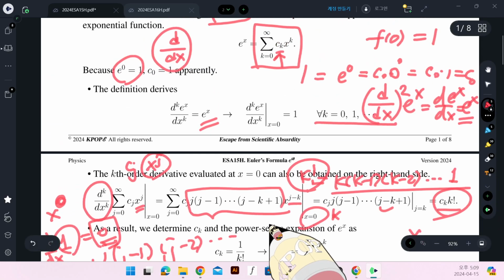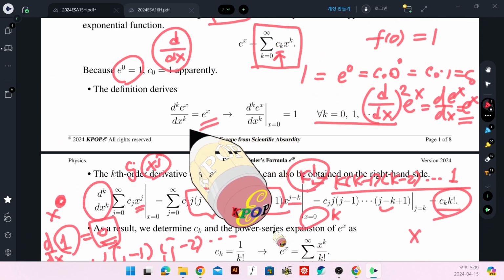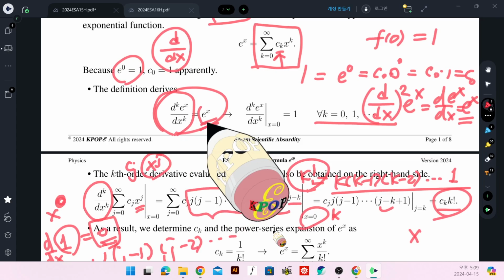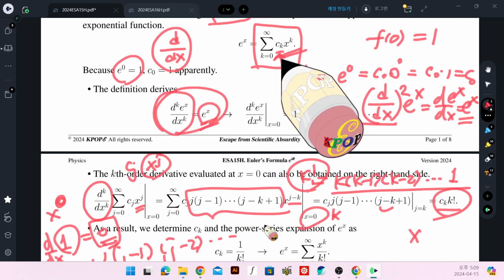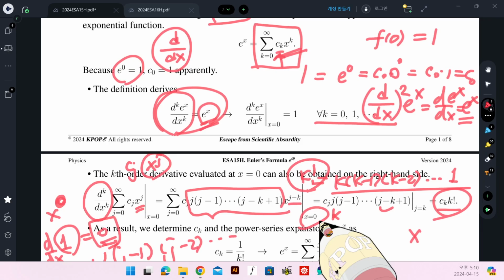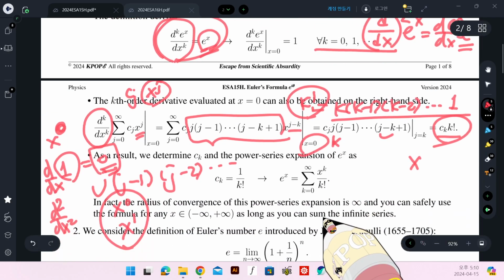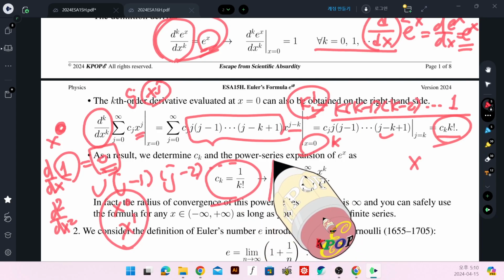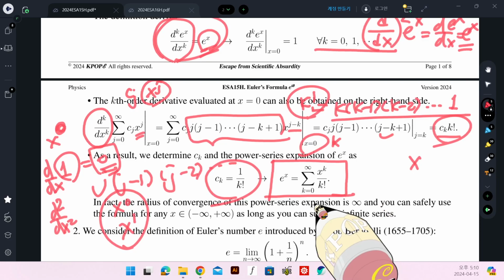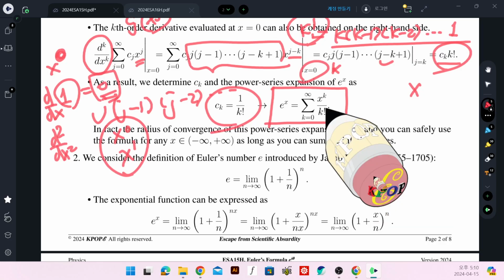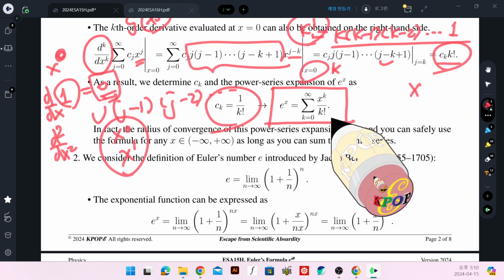We know what the left-hand side is, and we know what the right-hand side is. Comparing both sides, we find ck is 1 over k factorial. As a result, the power series expansion of the exponential function is the sum of x to the k over k factorial.